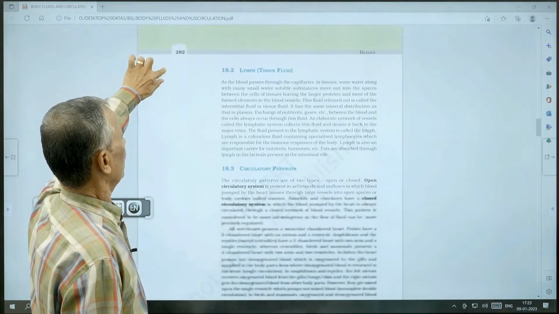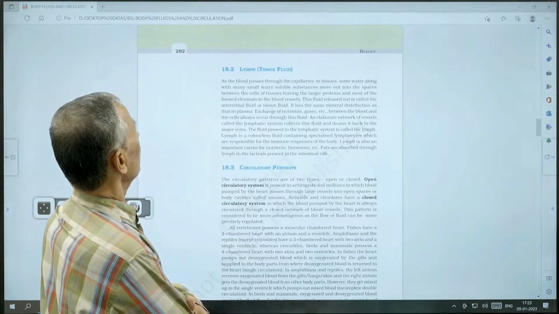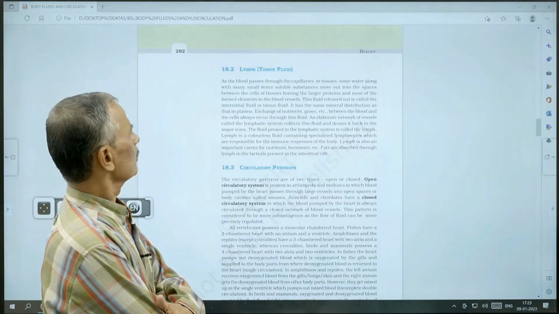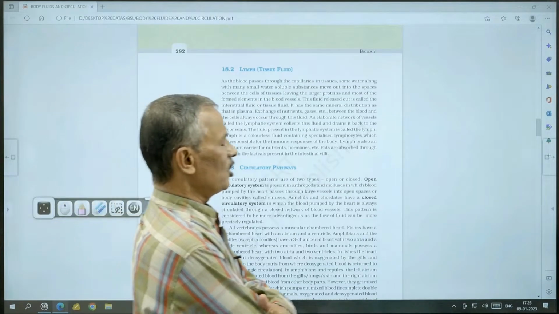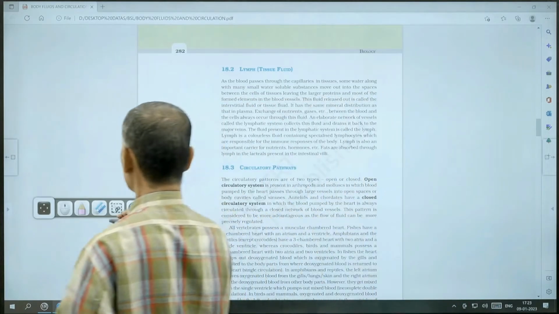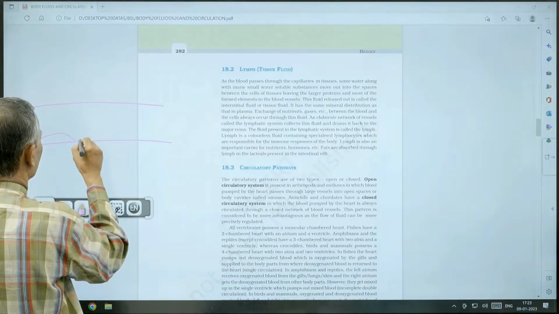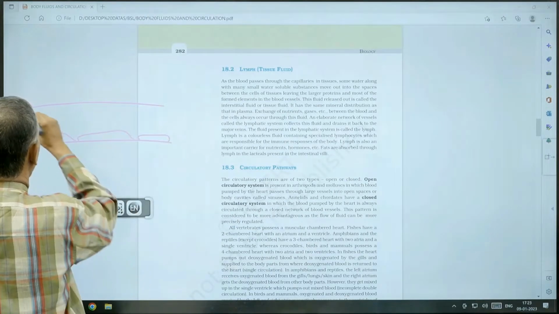namely the second fluid. The second fluid is the lymph. As blood is passing through minute capillaries, what is the structure of the capillary? Capillaries have only squamous epithelium. They will have small gaps in between.